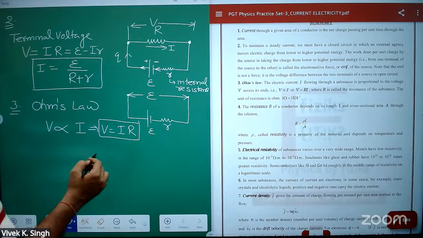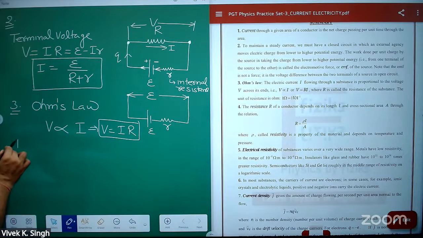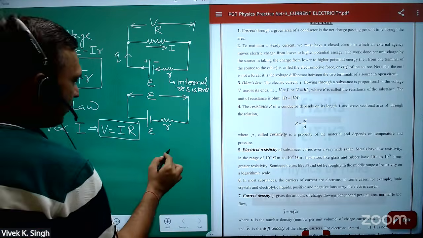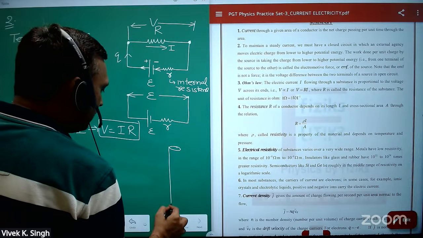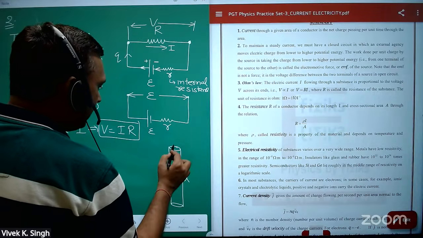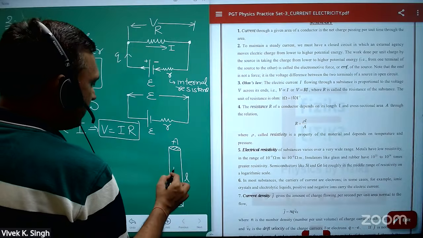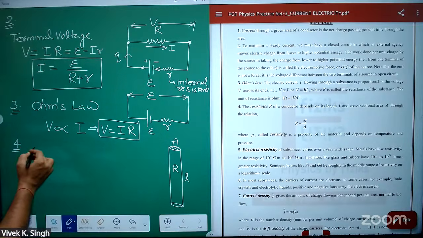Point number 4, if you have a conductor of length L and cross-sectional area A and its resistance is R, then rho is called the resistivity.